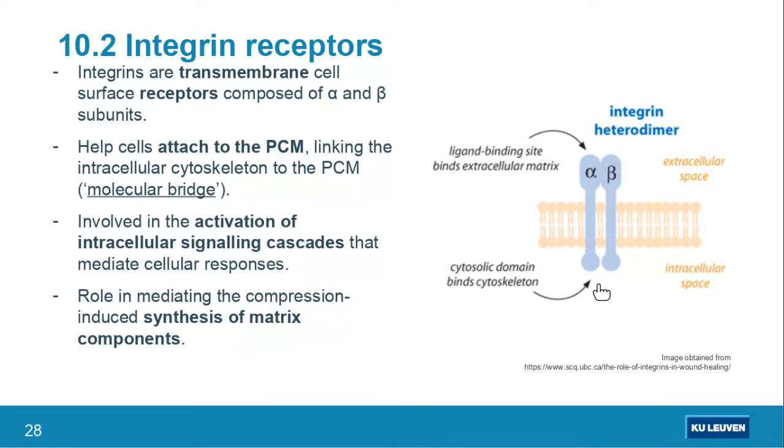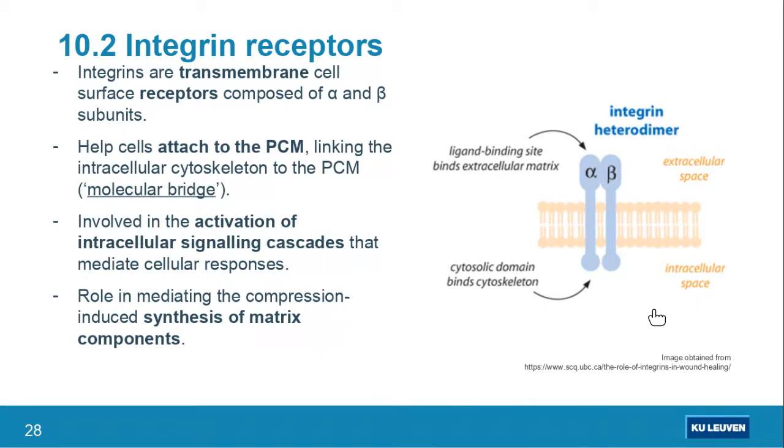As you can imagine, when a mechanical stimulus arrives from the extracellular matrix, it is sensed by this domain of the integrins, which then activate intracellular signaling cascades that mediate a cellular response.